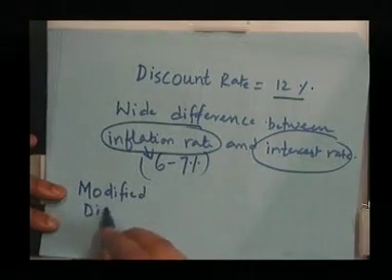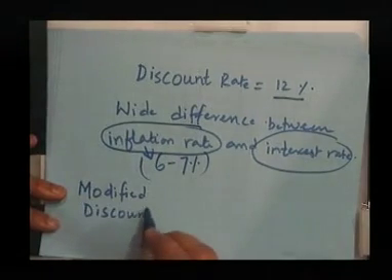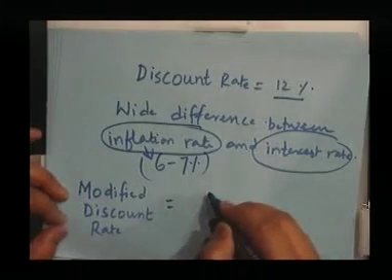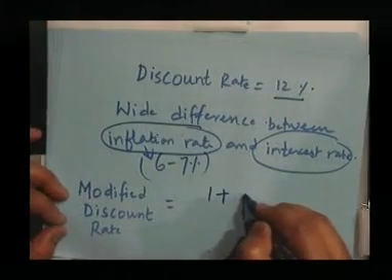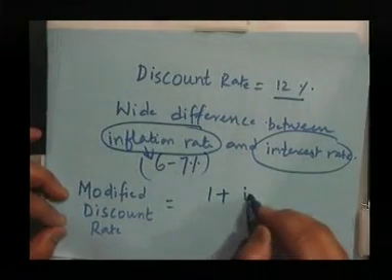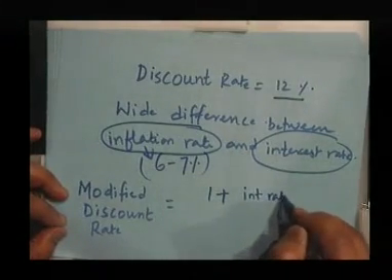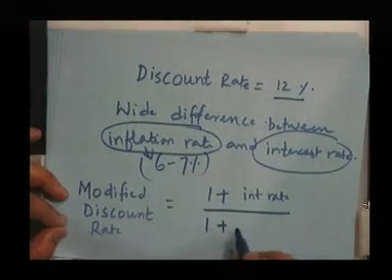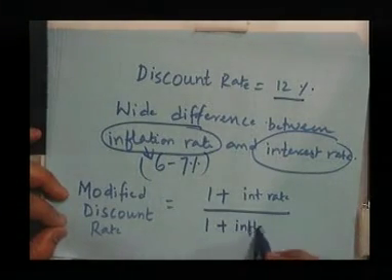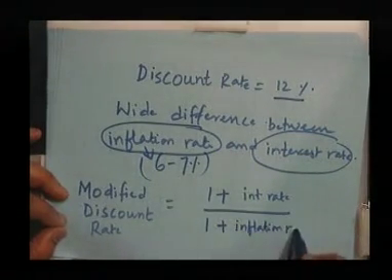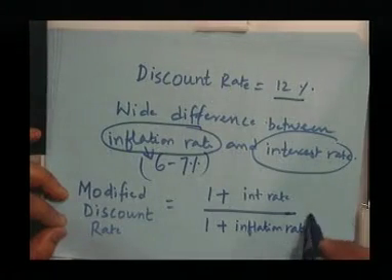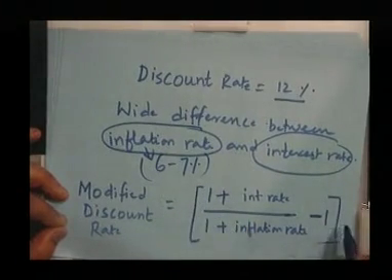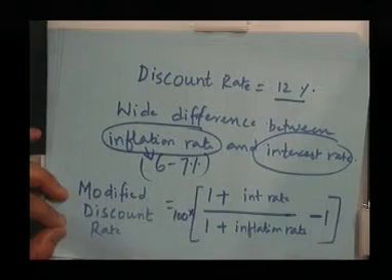The modified discount rate is given as (1 plus interest rate I divided by 1 plus inflation rate, minus 1) into 100.